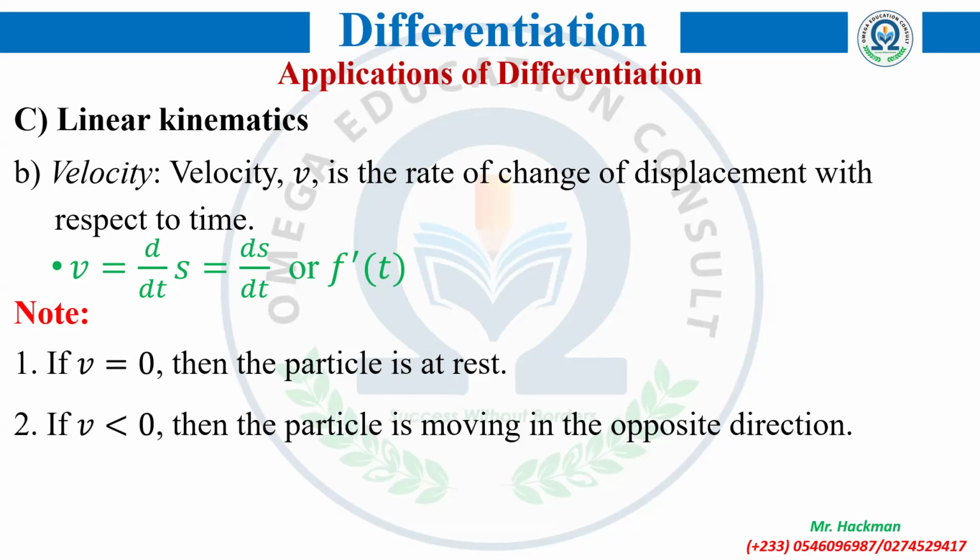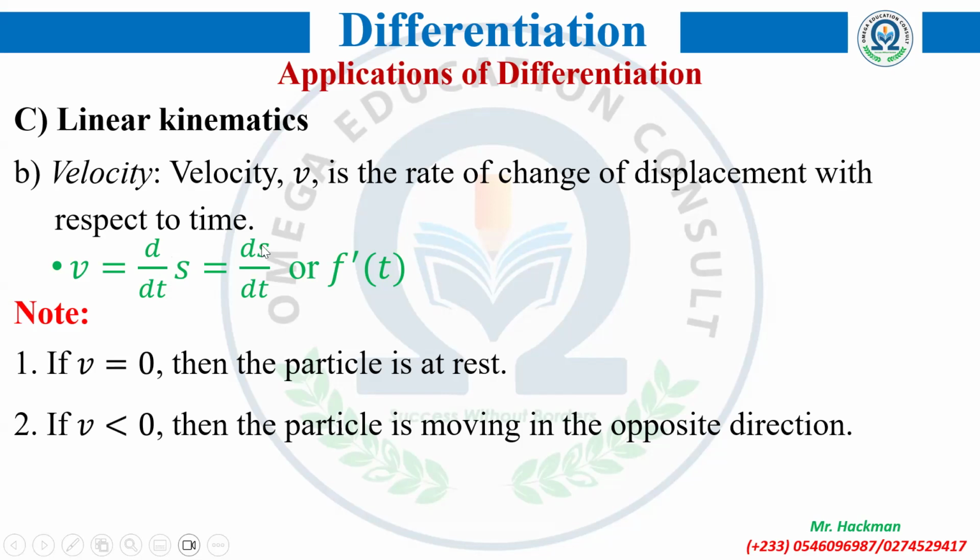Anytime you are differentiating any quantity with respect to time, your differential function is a rate of change function. So d dt is a rate of change function. So if you are finding the rate of change of displacement with respect to time, it means you are finding d dt of your displacement function, which is s.